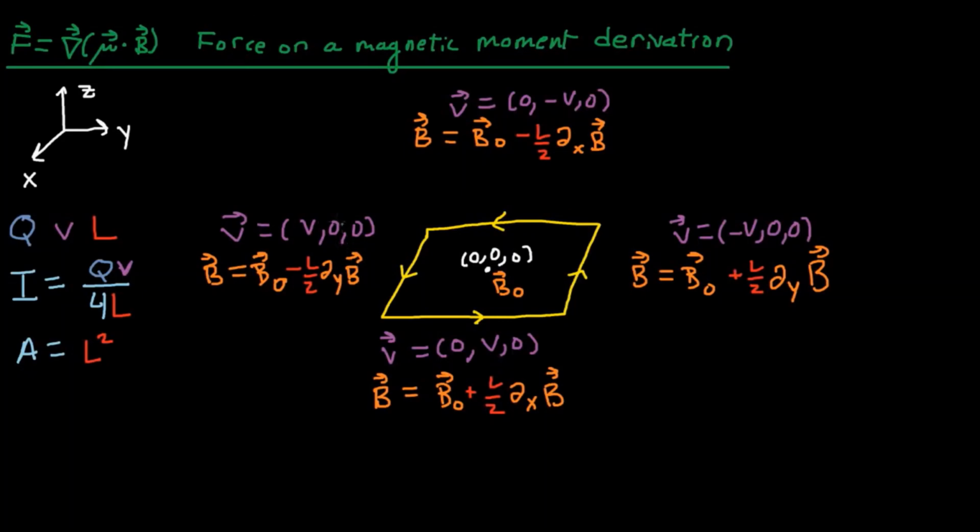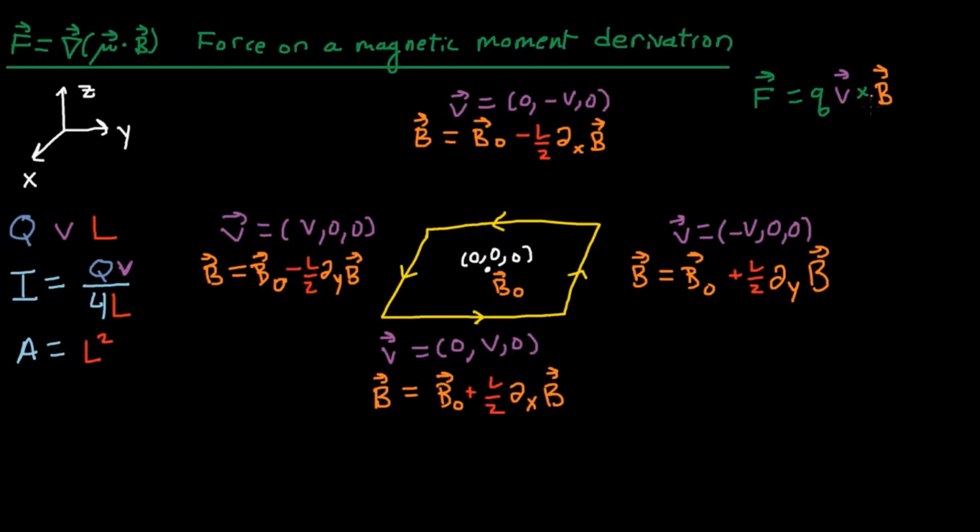Okay, so finally, now that we've figured out what V and B are for all of these four segments, we can figure out what the force is on each of these four segments. We're going to do this using the Lorentz force law: F equals Q V cross B. On each of these four segments, this charge little q is going to be big Q over 4, because that's 1/4 of the wire.